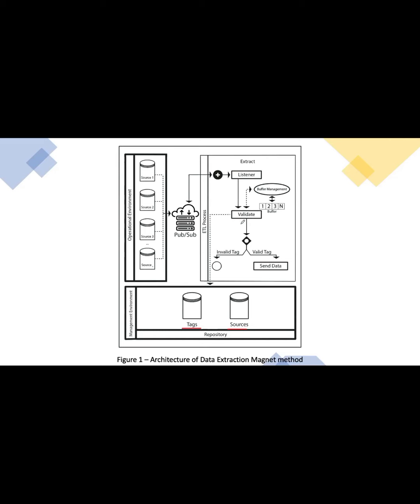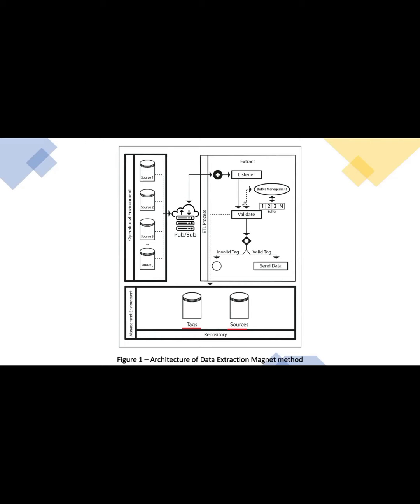Why do we validate this data of interest? It's just to detect the tag that is assigned to this data of interest that has arrived from the operational environment. And once detected, we put this validated data and the tag that is sought here into the buffer management.